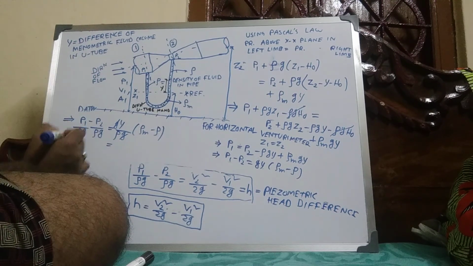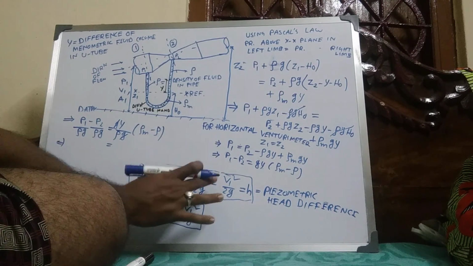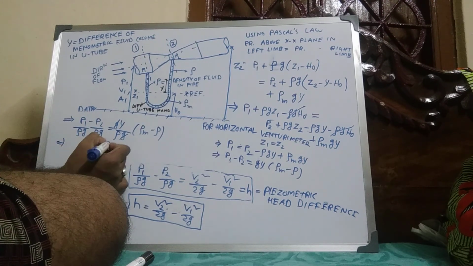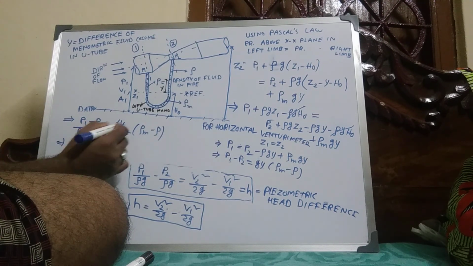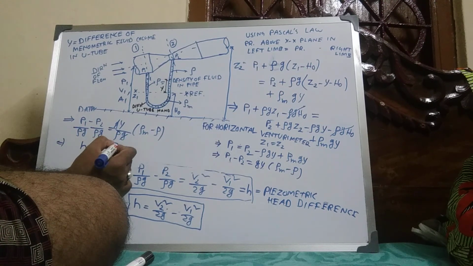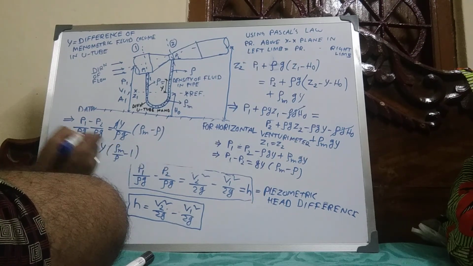So this value is equal to h, and g can cancel out, so y into (rho m by rho minus 1).